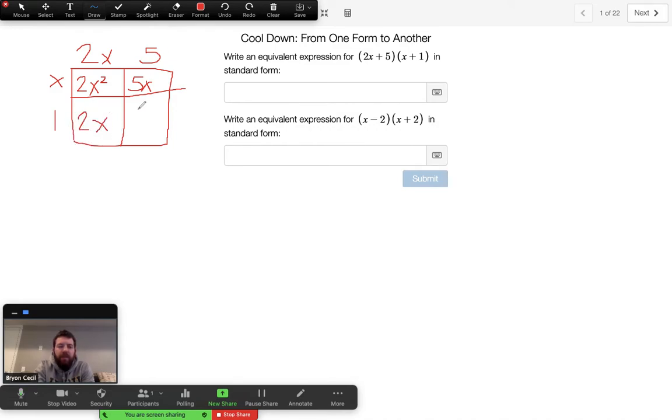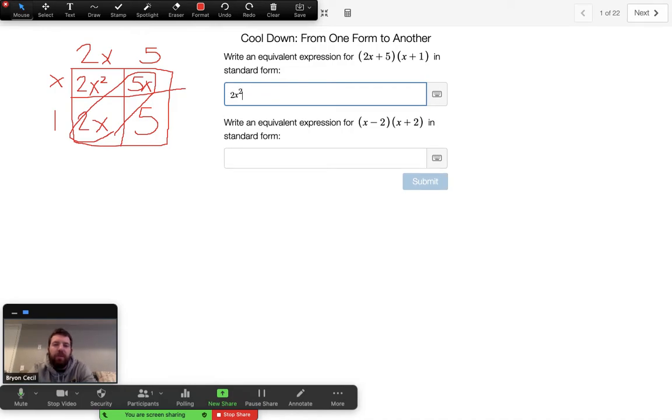And then 5 times 1 is 5. From there, remember our like terms always reside here in the middle. So we're going to get 2x squared plus 5x and 2x give me 7x plus 5.